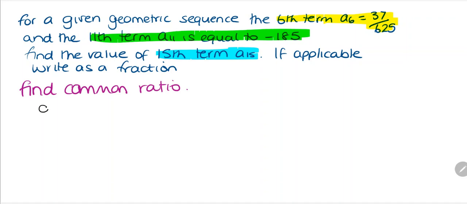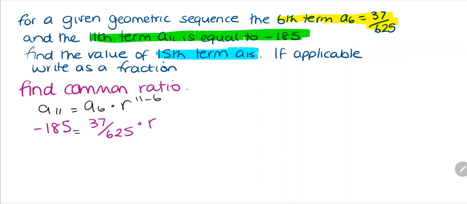A11 is equal to A6 multiplied by r to the power 11 minus 6. Let's substitute in what we know: A11 is minus 185, A6 is 37 over 625. We don't know r, but 11 minus 6 is 5.